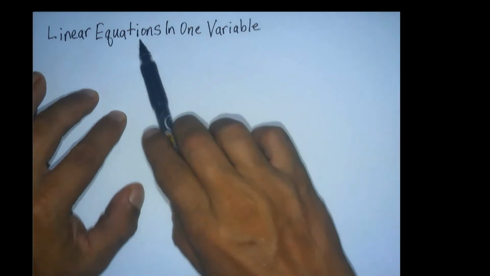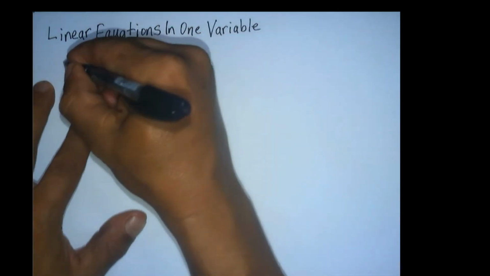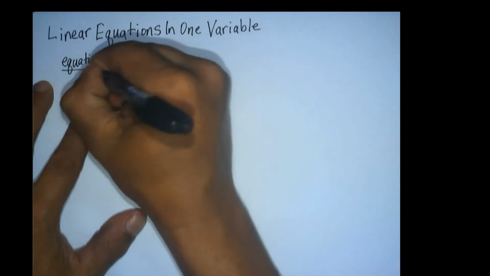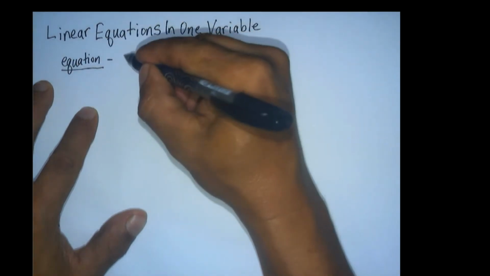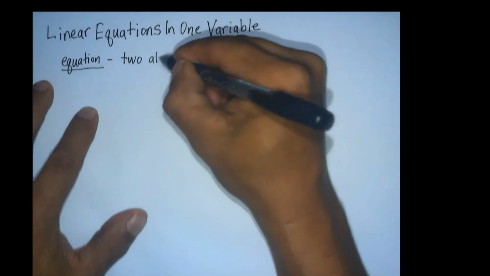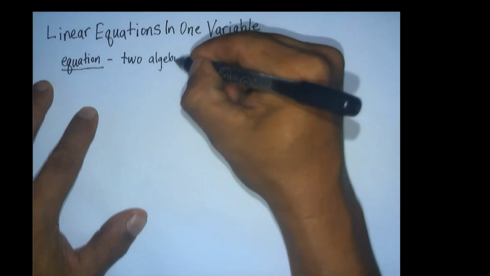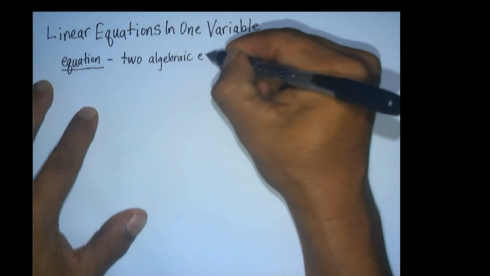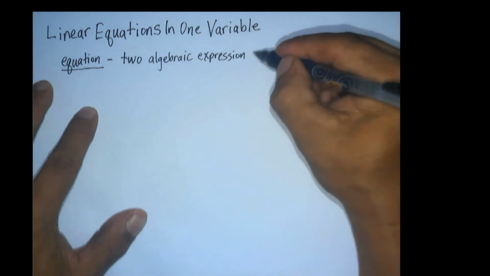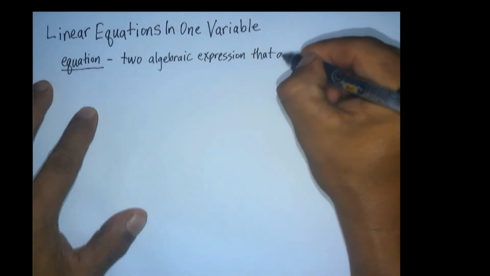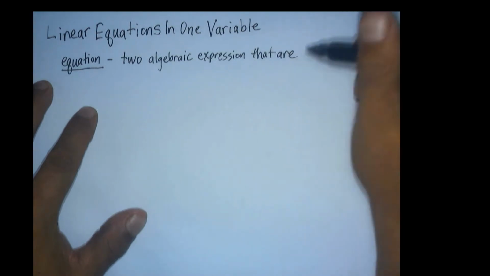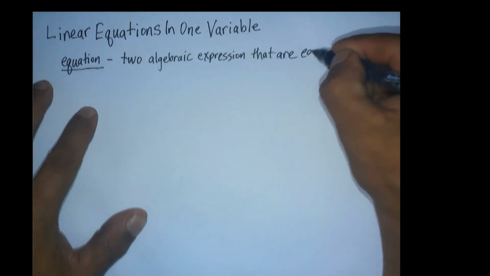We know what an equation is. What's an equation? Let's remind everybody what an equation is. A sentence that includes an equal sign. Two algebraic expressions that are equal, or I'm going to use a better word, equivalent.